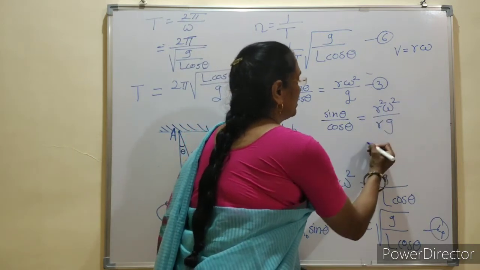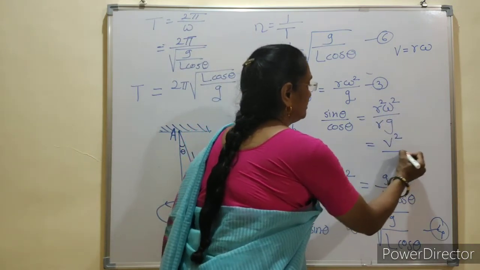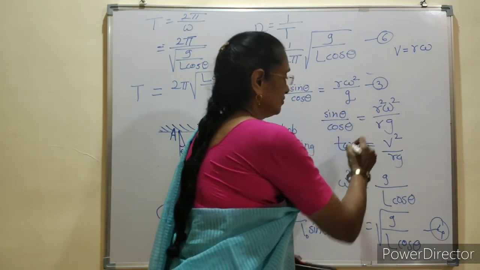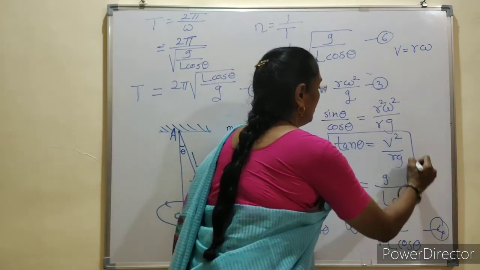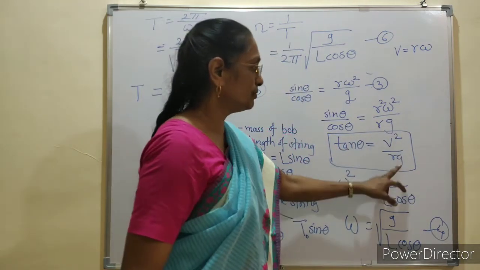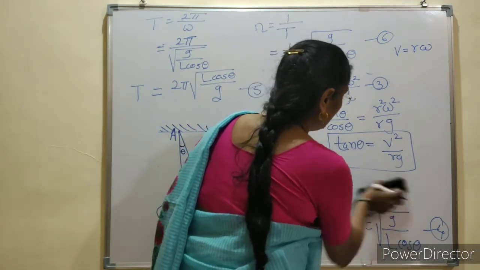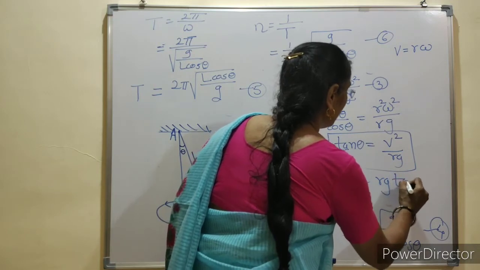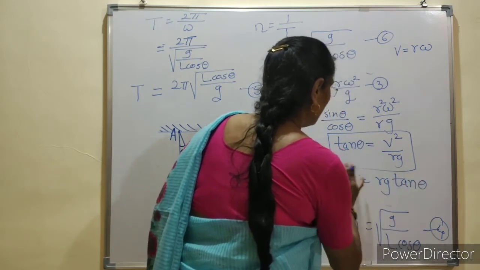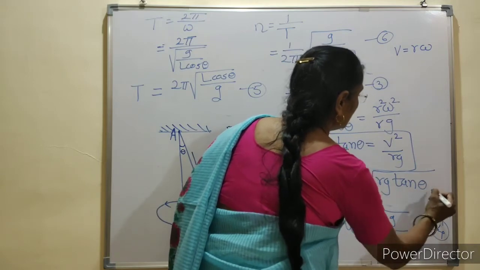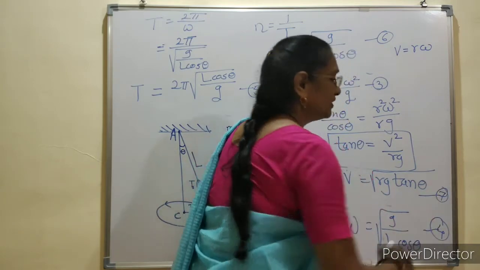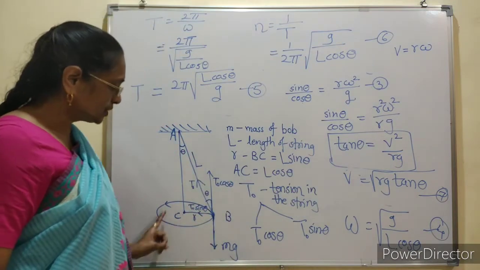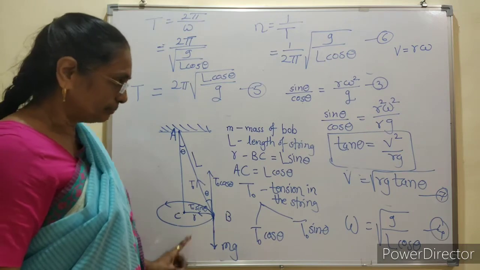So R square omega square is V square, divided by R g, and sin theta upon cos theta is tan theta. So we get the relation for velocity. Tan theta is equal to V square upon R g. Here easily we write V square is equal to R g tan theta, or V is equal to under root R g tan theta. This is our seventh relation for the uniform circular motion in case of a conical pendulum.